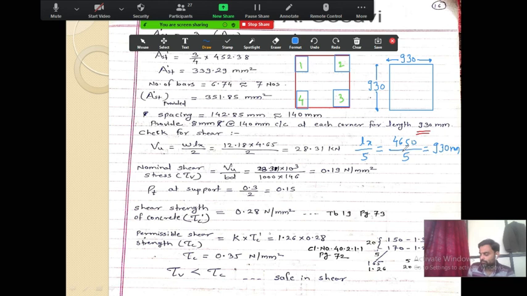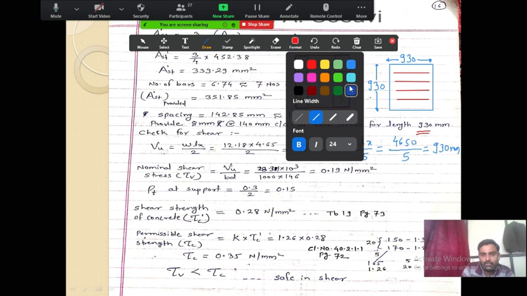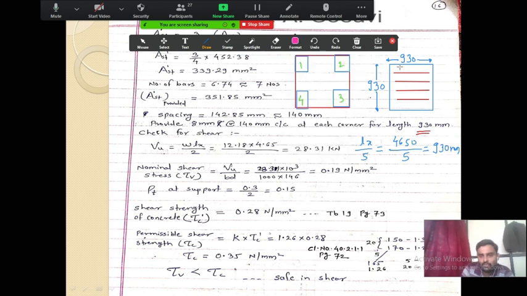So now it is 930 mm for this length, and the bars will be laid down in this fashion. This is the reinforcement, the bar in this direction, and the same will be provided in this direction also.